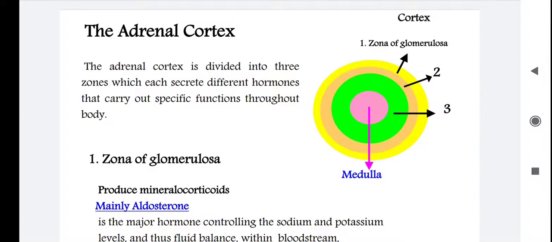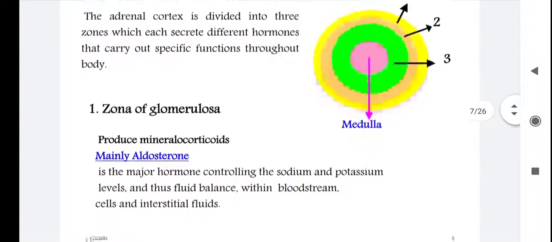Then we are going to talk about the adrenal cortex. As we mentioned, the adrenal cortex is divided into 3 zones, each of which secretes different hormones that carry out a specific function throughout the body. The first zone is zona glomerulosa. This zone is the outermost zone of the cortex.